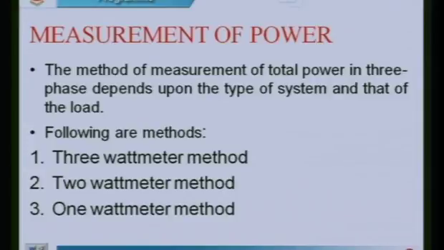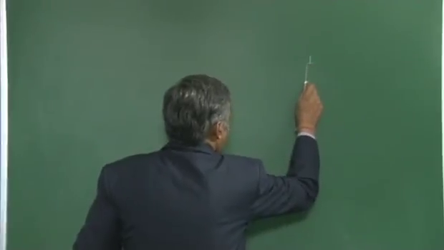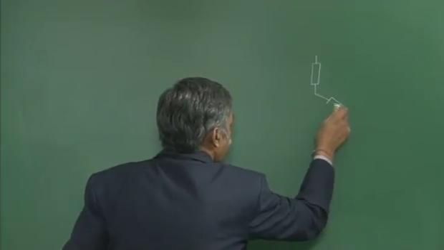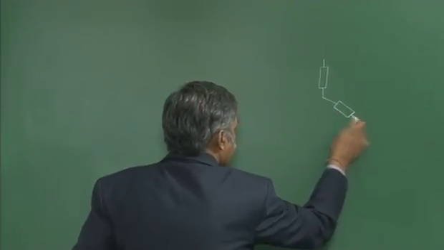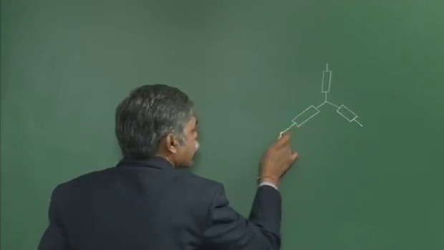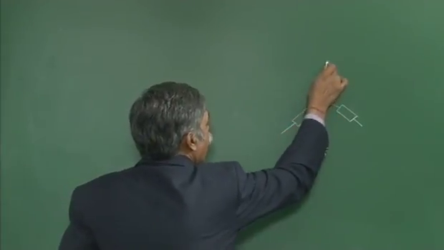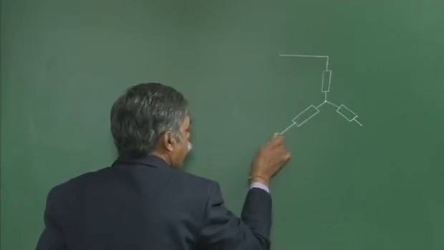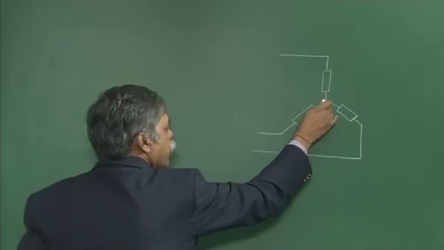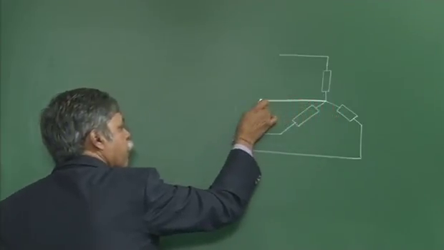When you have a polyphase circuit, a three-phase circuit, say I have a circuit like this, 3 impedances connected in star, with access to the star point of the load. I have my 3-phase system this way, and the fourth wire is also available for me.